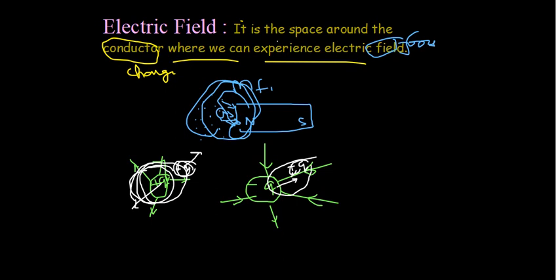This charge will experience the force, accelerating in the vicinity of the electric field. One point I want to make clear from all this discussion: when I take a charge into the electric field, it always experiences a force.